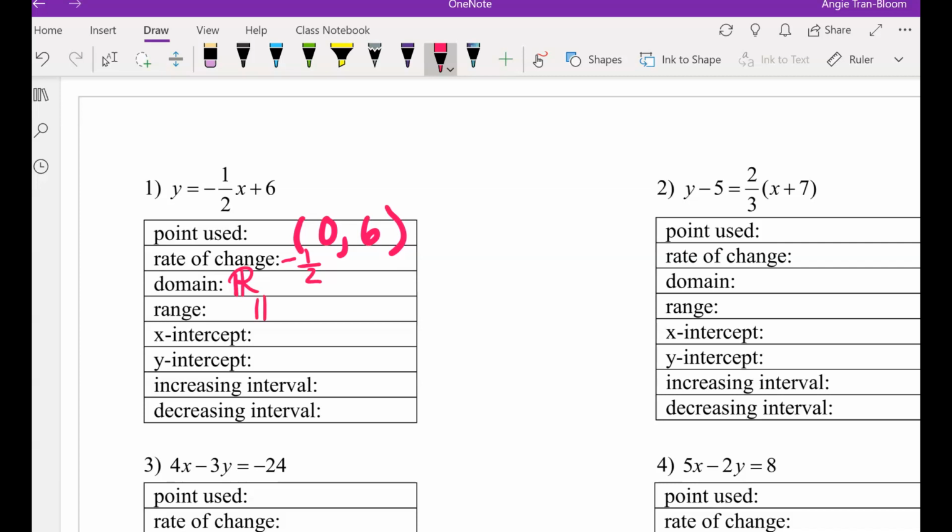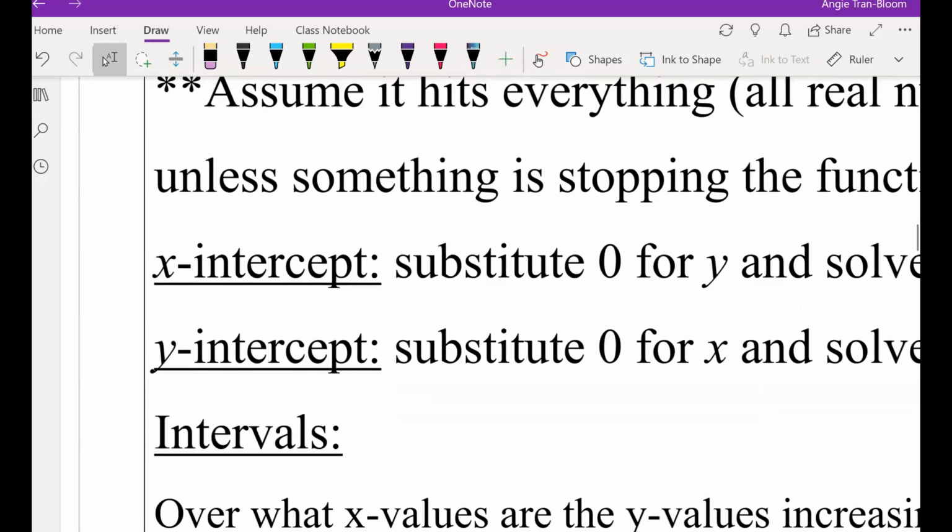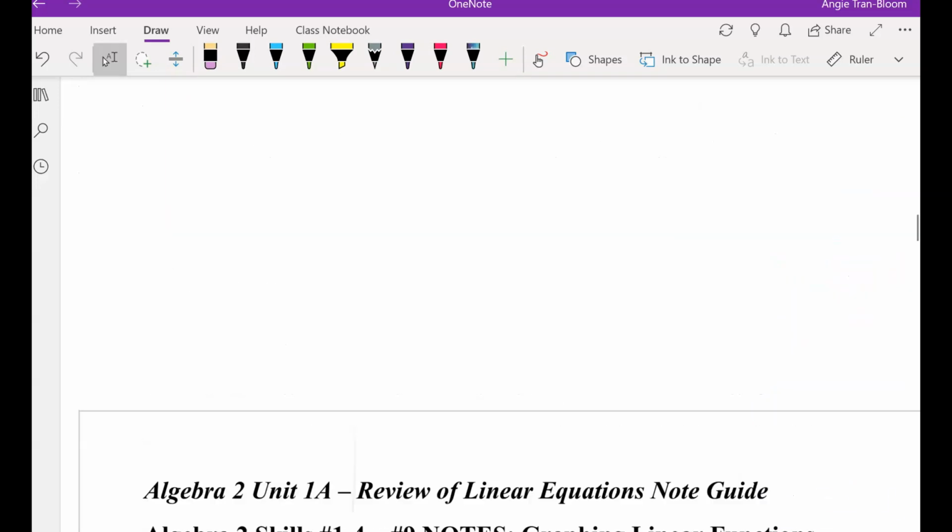Now we have to go back and see if we can eyeball the x-intercept or the y-intercept easily. Tell me the y-intercept. It happens to be the same point that we used, so that was 0, 6. Now let's see if we can easily see where the x-intercept was.